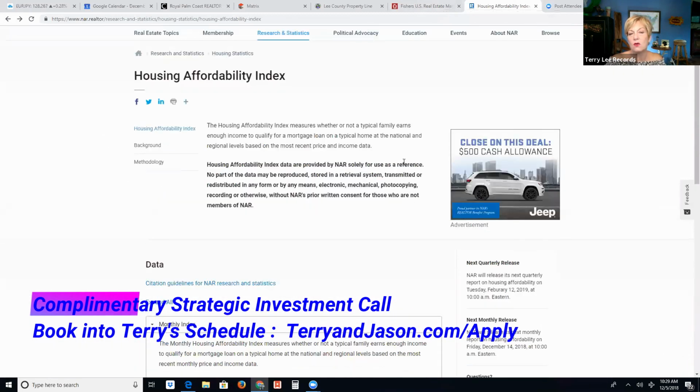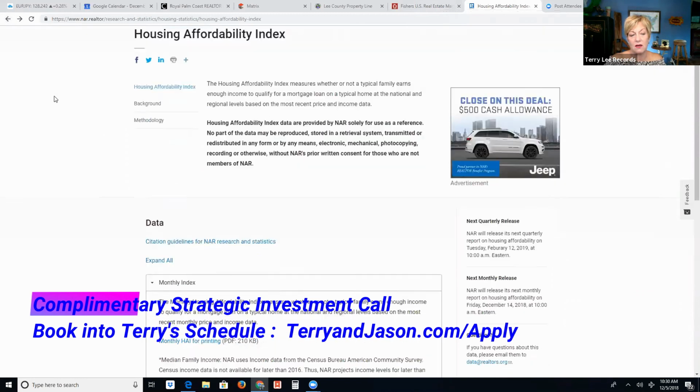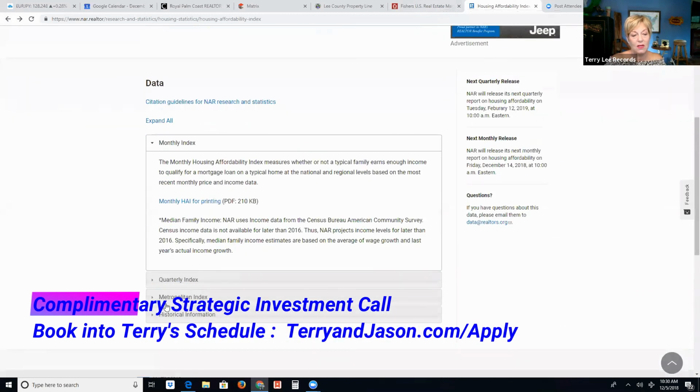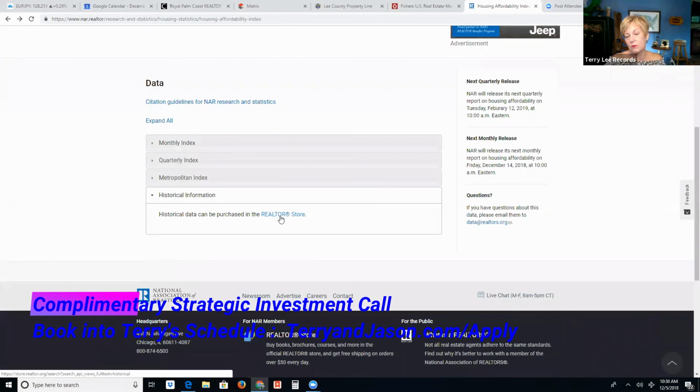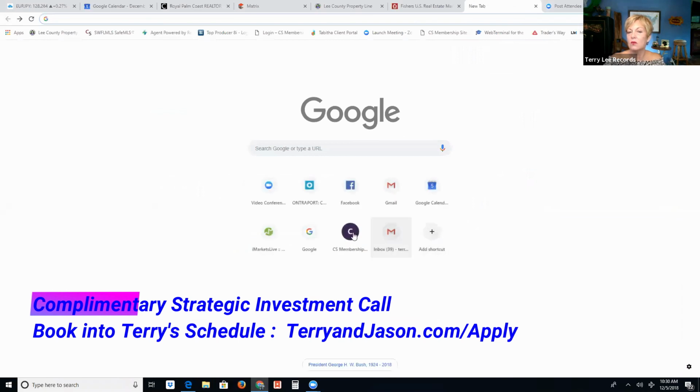The ones that do and who can tell you in-depth information like this, you may be teaching them some of these statistics and how to analyze. It just depends. I love them, but we aren't taught this information in realty school, and that's kind of why Jason and I are doing this. Historical information as well can be gotten from the realty board, and they probably charge for that. But this will give you a good way to get started and select a community and see what's going on.